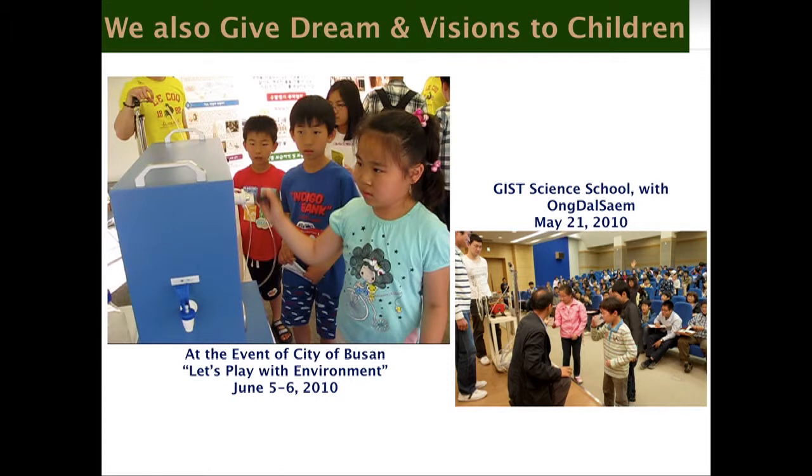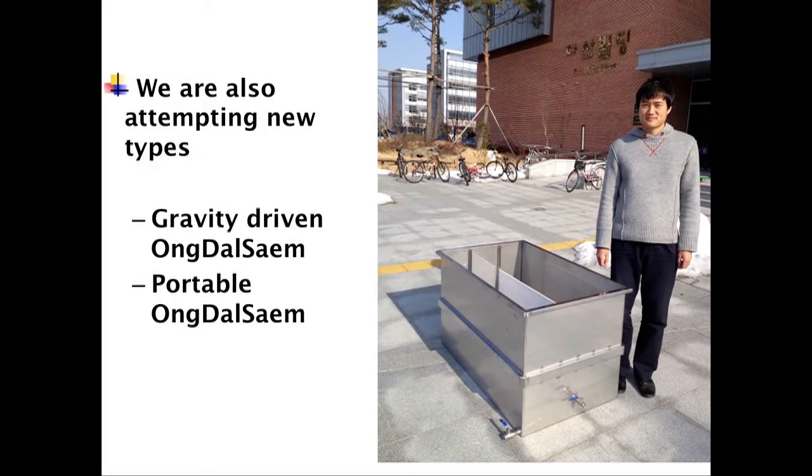I asked them who would try the challenge to drink this water from the Ongdarsem, which was actually wastewater, but it did not look like it, with some color. A lot of children voluntarily attempted to drink this water. We would like to give them some vision, making the invisible visible, of course. We are also attempting new types of Ongdarsem with a new membrane.